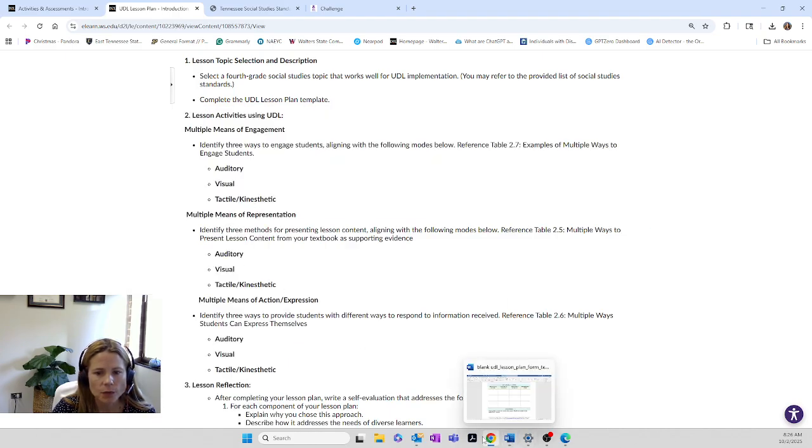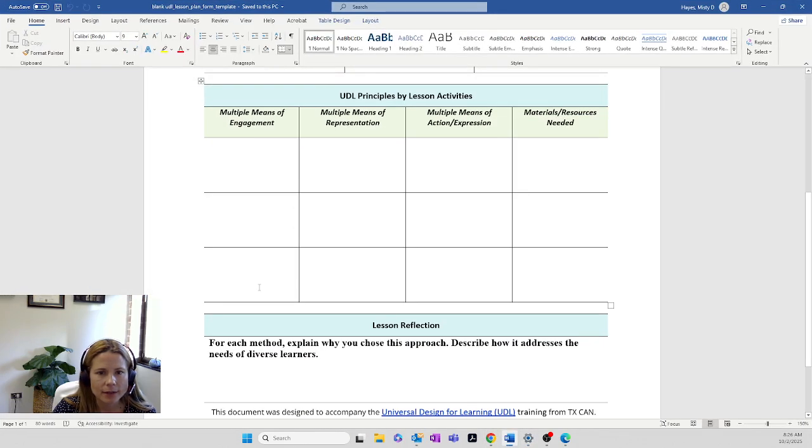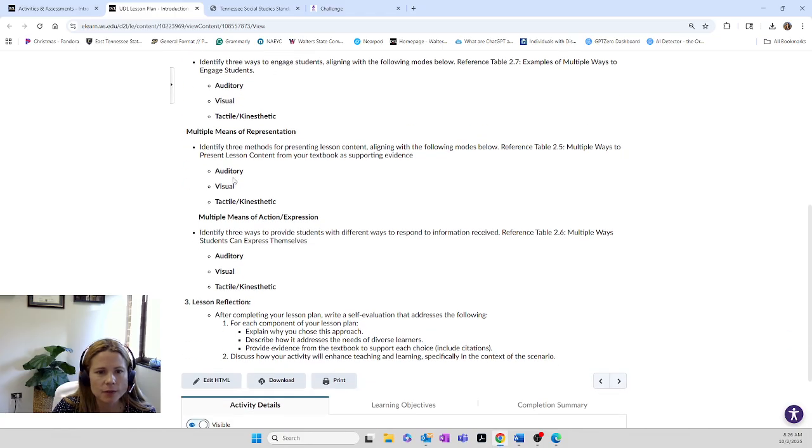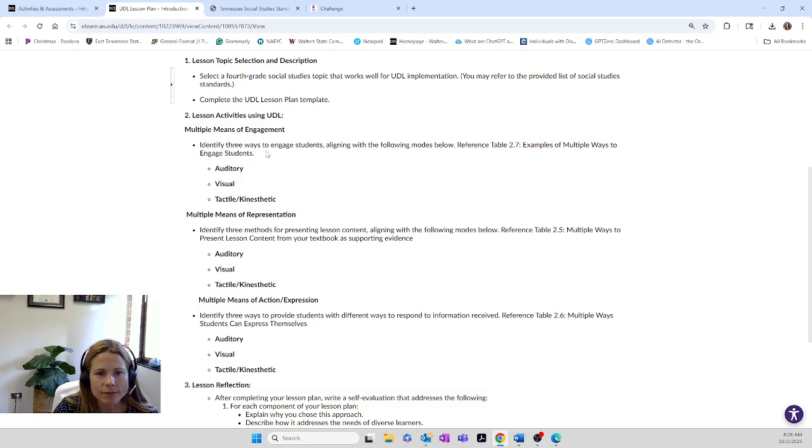And then you would put in a tactile kinesthetic approach. You would be listing all of those for engagement. Then you would do the same thing for representation. Okay, and if you look here in the assignment, they're the same. The first section is identify 3 ways to engage students aligning with the following modes: visual, auditory, tactile, kinesthetic.